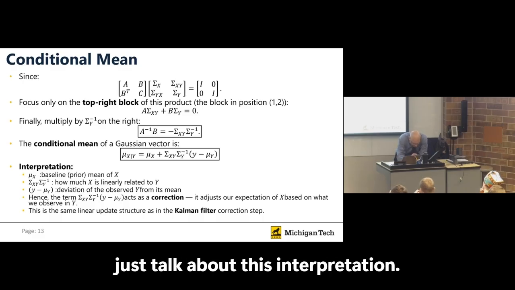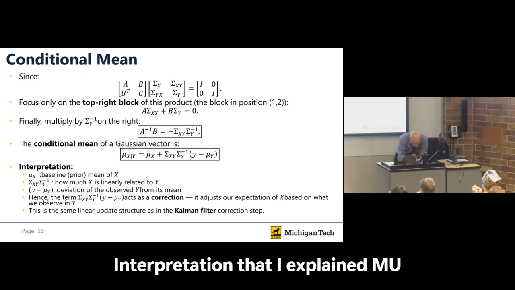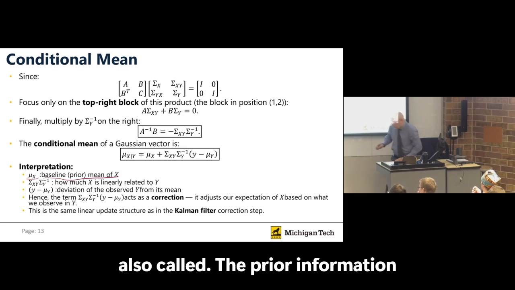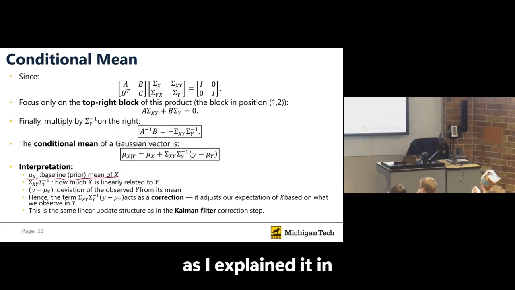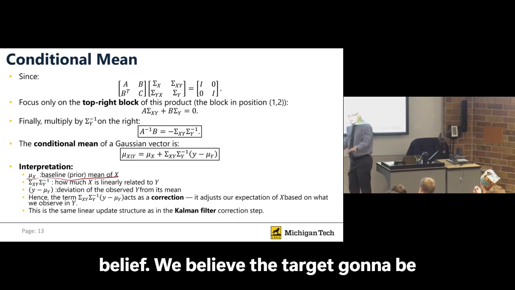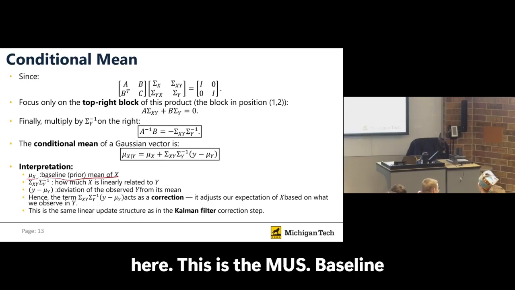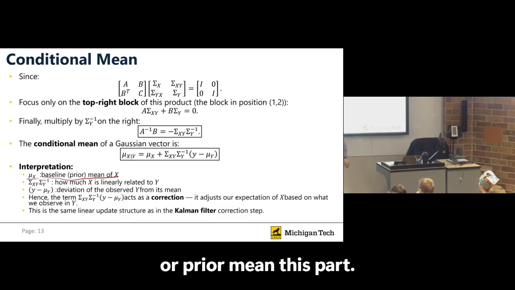So let us just talk about this interpretation that I explained. mu x is a baseline, also called prior information. As I explained, mu x is our belief. We believe the robot is going to be here. This is the mu x, baseline or prior mean.